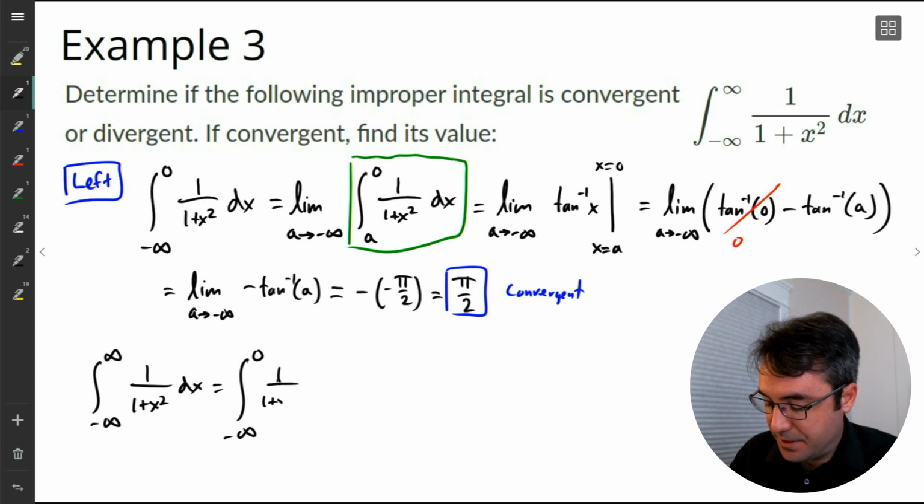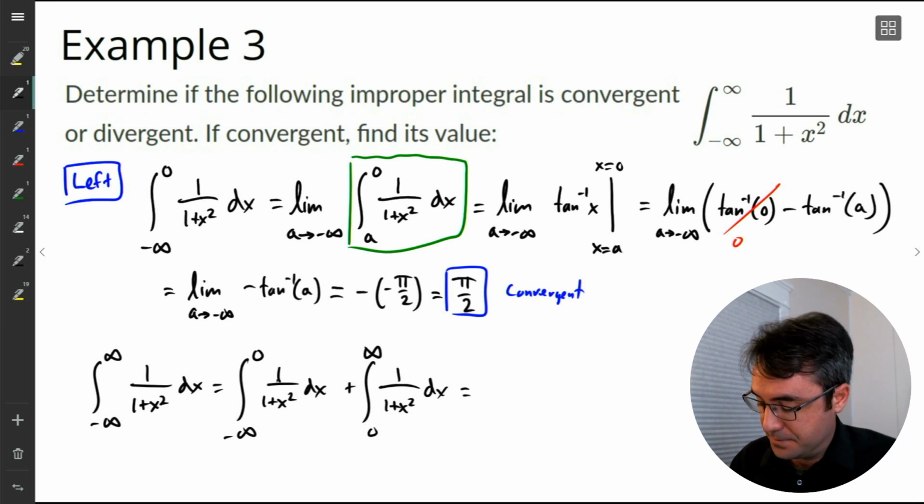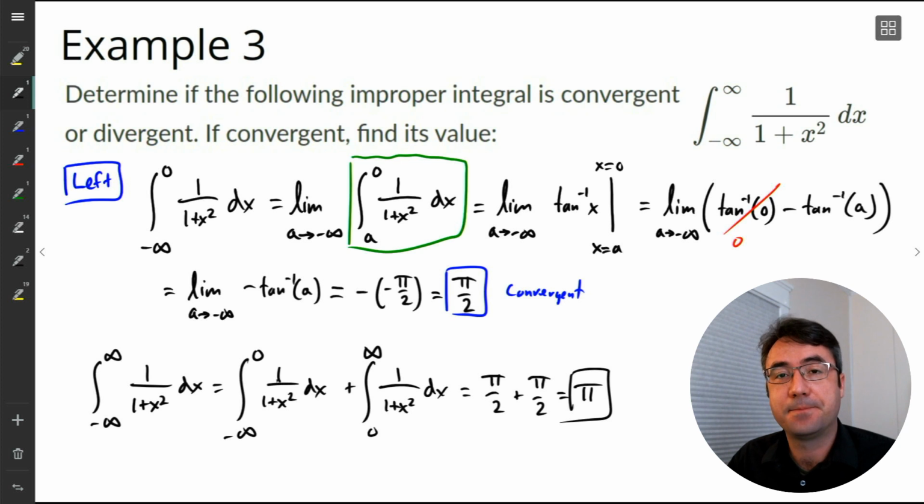We split it up into the left improper integral and the right improper integral. And we happen to find that each of these on its own was convergent, so we can actually add up the numbers. So the left value was pi over 2, the right value was pi over 2, and then adding those up, we get pi.